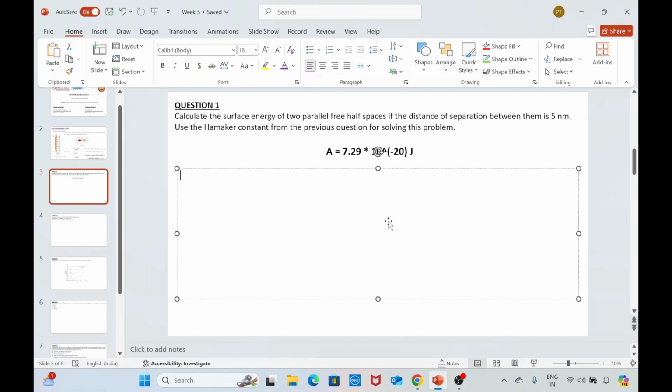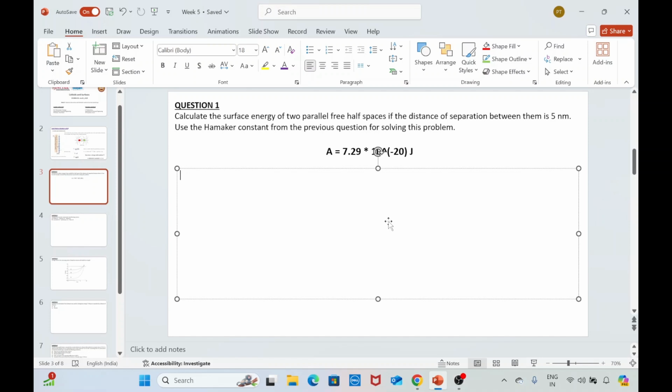We have discussed, if you remember, in the week 4 live interaction session, one problem where we were asked to calculate the van der Waals forces of attraction between two flat surfaces and between two cylinders, if I'm not wrong.